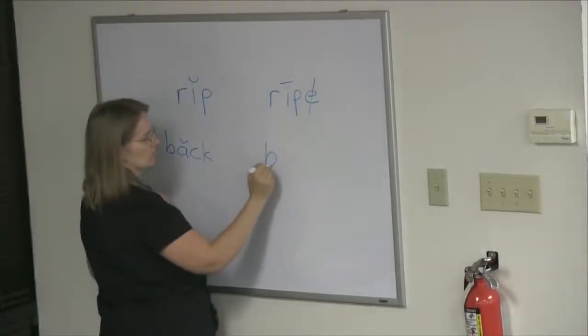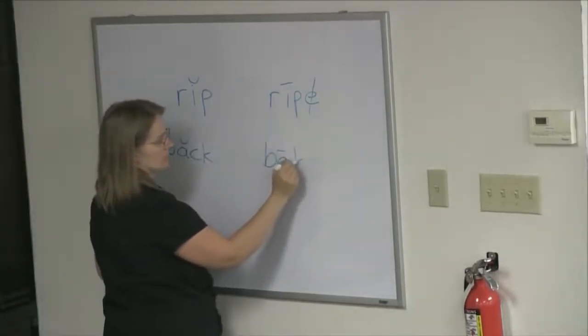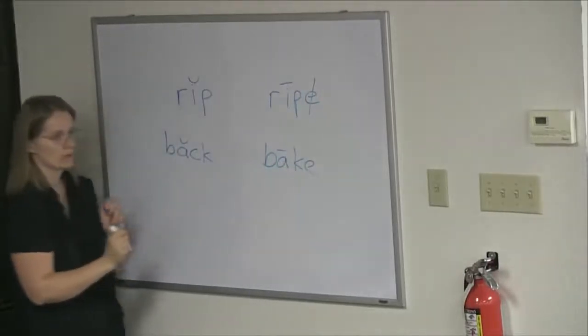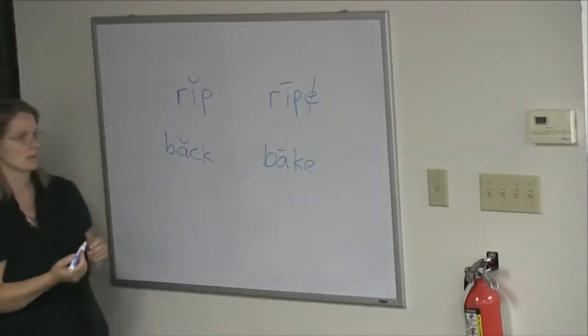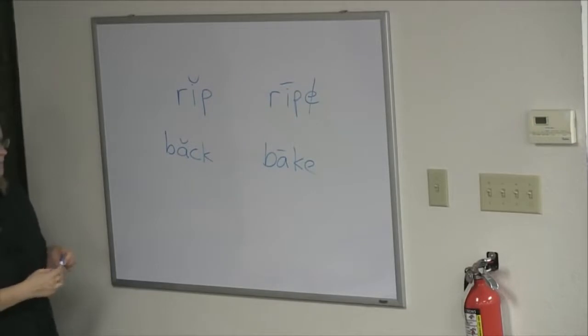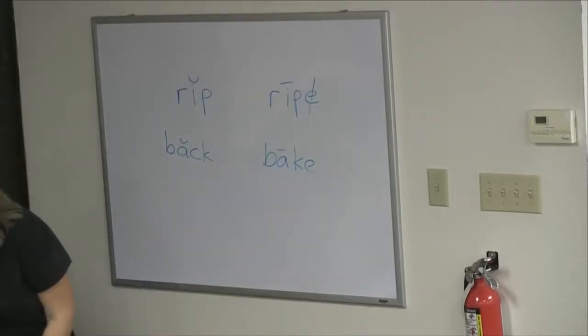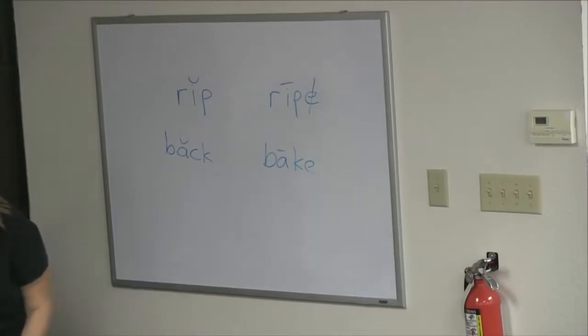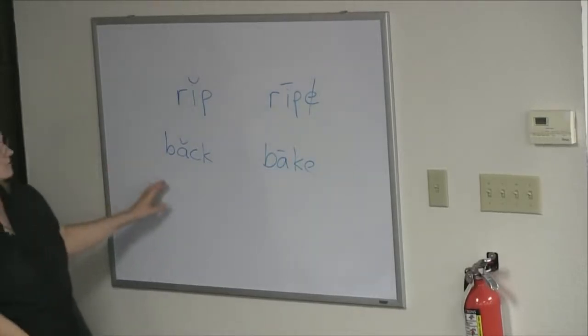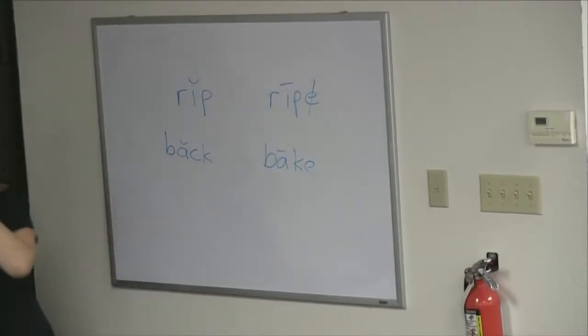Well, now they're going to learn bake. Or tack, take. Really, innumerable examples. I put some on here, back, bake. So what you practice with a child is reading a whole lot of these.